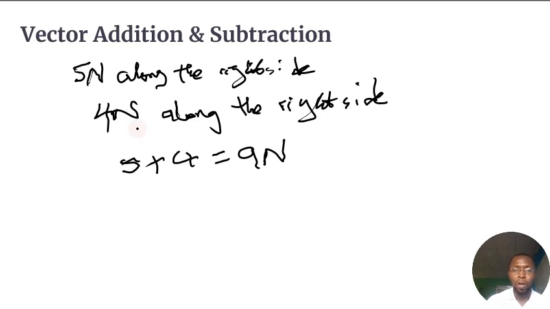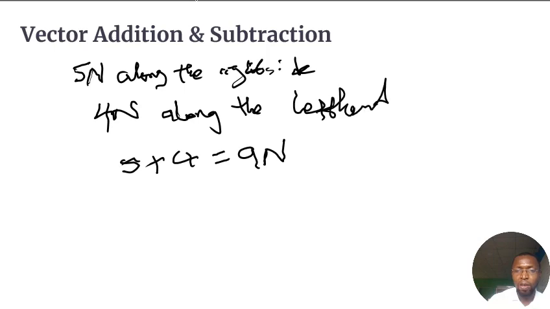It's very simple. But another scenario where, this time around, let's say that the 4 Newton is in the opposite direction. Let's change it to the left hand side. Now in that case, instead of adding, you need to subtract.